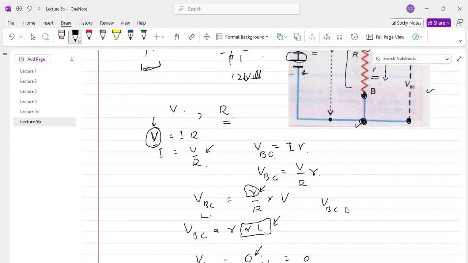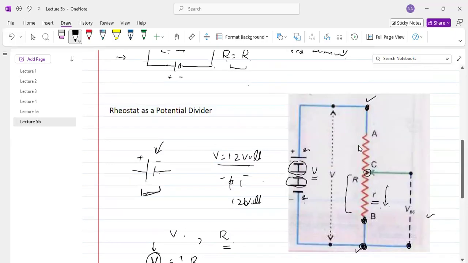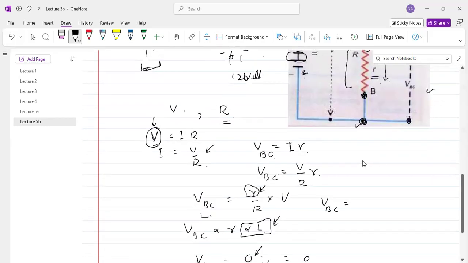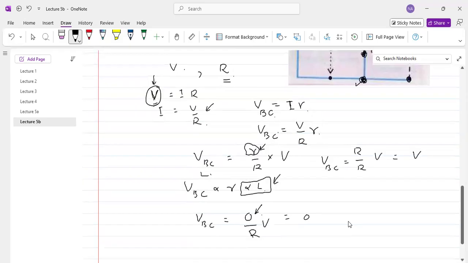When the sliding contact is moved and connected to the terminal A, the whole wire is between B and C, and the resistance of the whole wire is R. So R over R times V is equal to V. This means that by moving the sliding contact from point B to point A, we can continuously vary the resistance between B and C, and hence the voltage between B and C from 0 to V.